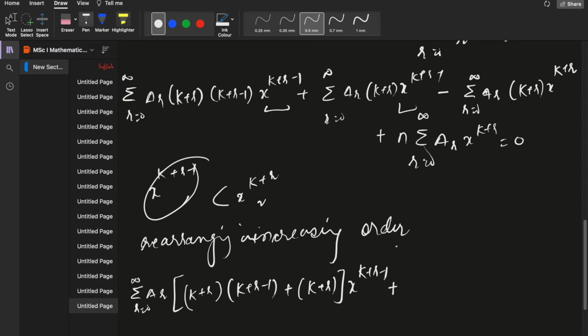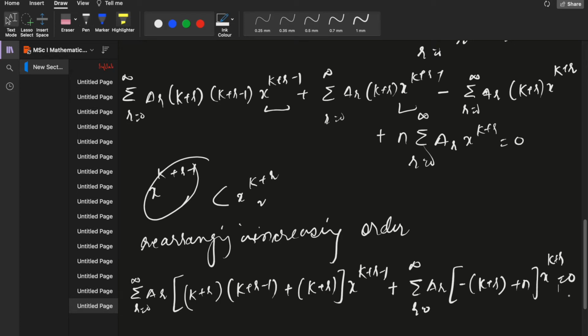Then taking the summation from the remaining terms, summation r tends to 0 to infinity ar, negative of (k plus r) plus n, times x to the power k plus r, equals 0.